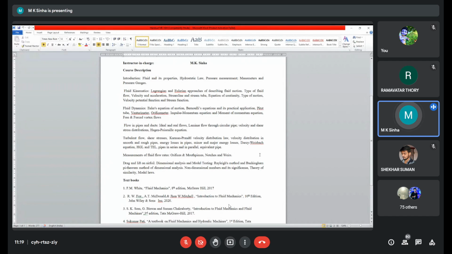Velocity and acceleration, in this chapter also we have discussed. Note that these are the only parts from which questions will be asked. Maybe sometimes a mixed type of question may be asked. Is it correct? This is all about our course structure before the mid-semester. If you have any query, then ask me.